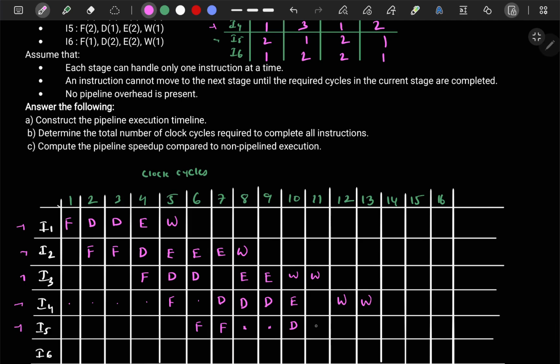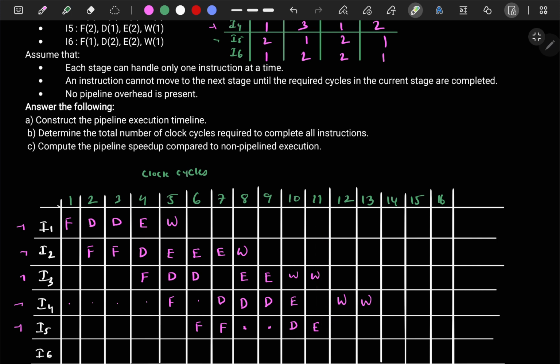And execution. Can I start execution from here? No. See, you have to check in parallel at the above: is there any other instruction utilizing the execution phase? No. You can clearly see there is no execution phase above. So you have to look at every instruction above and see whether any one of them is utilizing that particular phase.